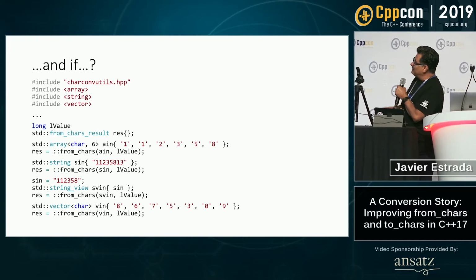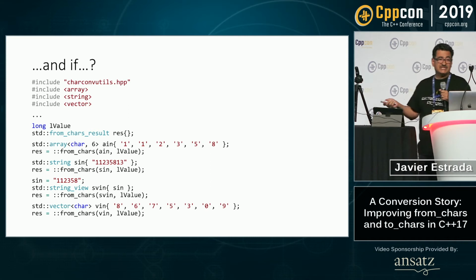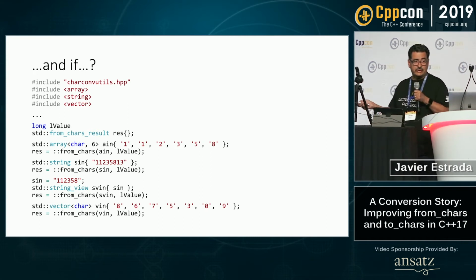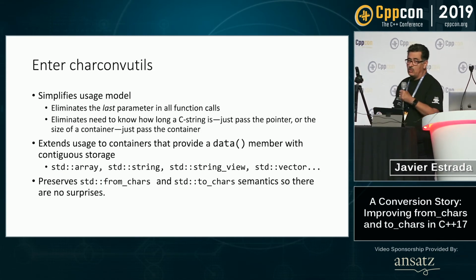So in that slide, we're using std::array, or we're using a string, a string_view, a vector. Pretty much anything that has contiguous storage, you can use. So I'm showing another example for to_chars. This is a little utility header file that simplifies the usage model, eliminates the last parameter in all function calls.